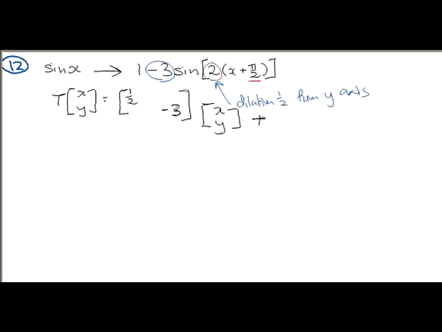Plus, now, these are the translation parts, right? So translation in the x-axis, where's the translation? Pi on 2, right? Which direction did it move? Left. So negative. Negative pi on 2. And then, what about the translation in the y direction?